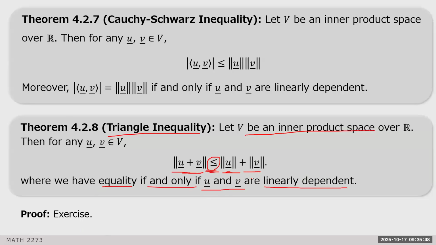Right? And why is it called triangle inequality? Let's say you have 3 points. The first point is your home. This point here is your school. And this point here is food.